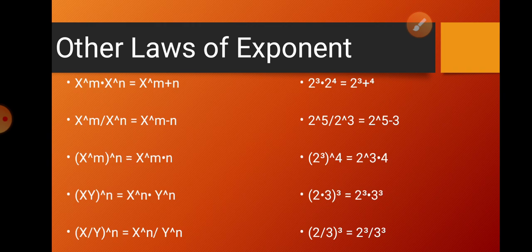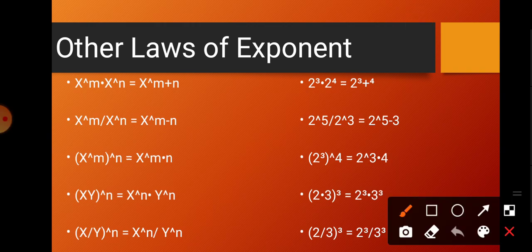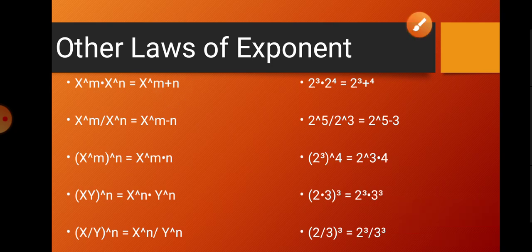Example, x to the power of m times x to the power of n is equal to x to the power of m plus n. For numbers, 2 to the power of 3 times 2 to the power of 4 is equal to 2 to the power of 3 plus 4, or 2 to the power of 7.